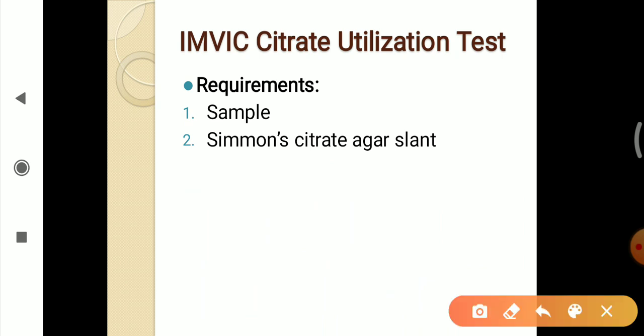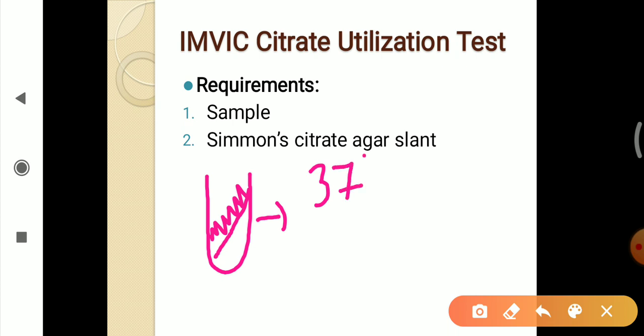Now we will see the procedure. First of all, we take the Simmons citrate agar slant, which is originally green in color, and we take our sample or culture and streak it over here. We incubate this slant in the incubator at 37 degrees Celsius for 24 hours.